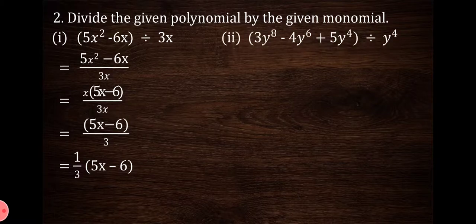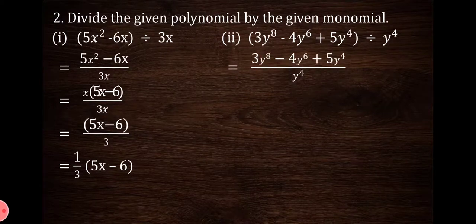Question number 2. 3y raised to 8 minus 4y raised to 6 plus 5y raised to 4 divided by y raised to 4. Let us make in fraction form. That is 3y raised to 8 minus 4y raised to 6 plus 5y raised to 4 upon y raised to 4. Denominator one term only, so no method can be applicable.